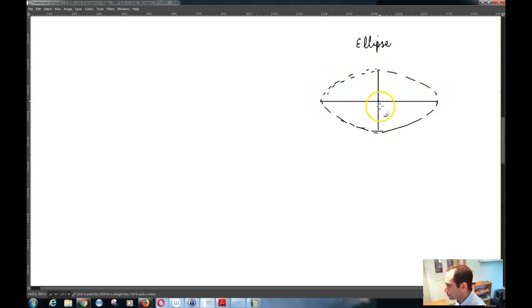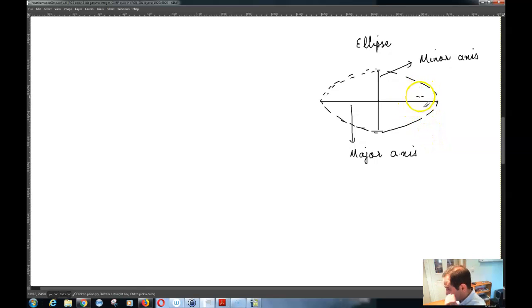Since the two axes are of different lengths, the longer one is called the major axis, and the shorter one is called the minor axis. So the major axis and the minor axis.